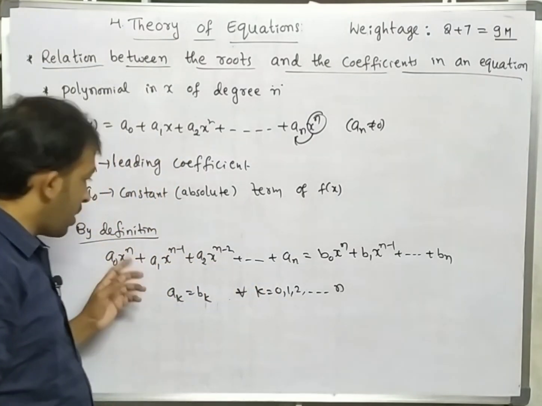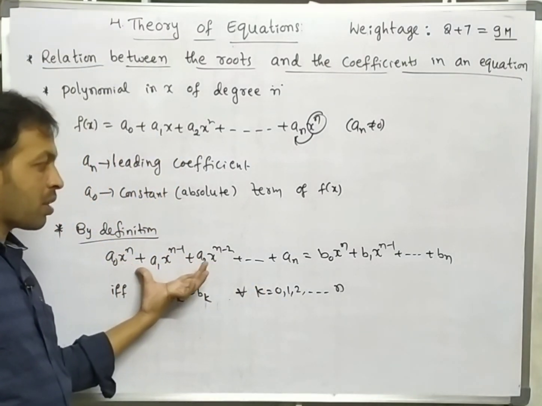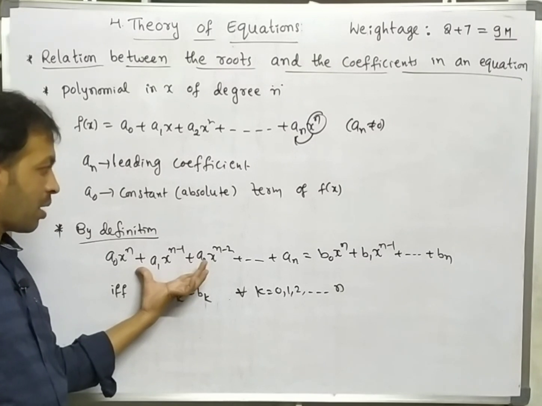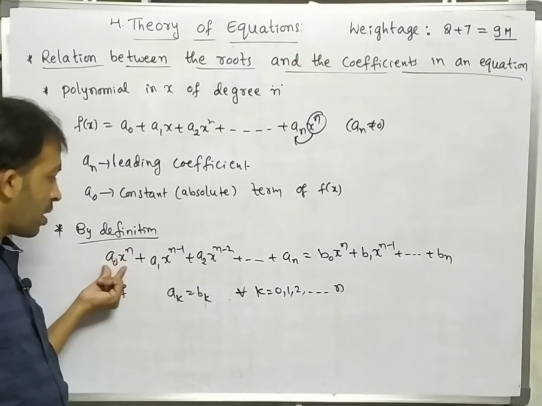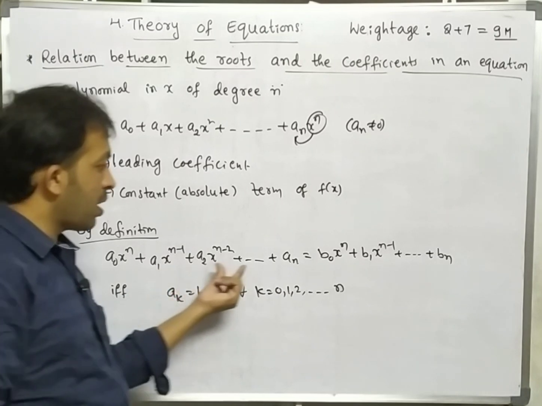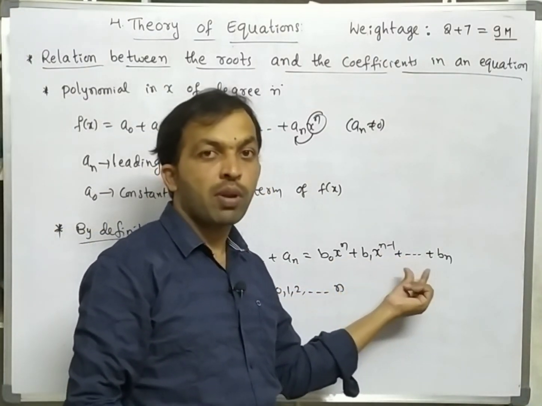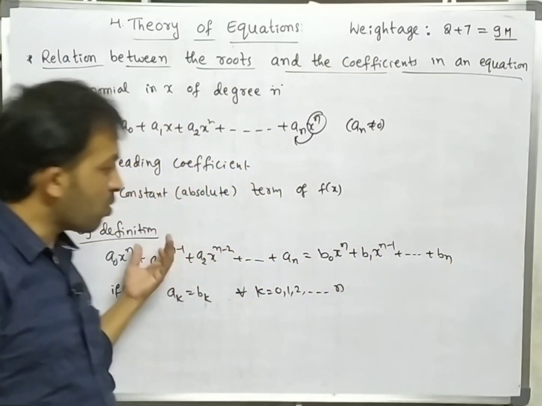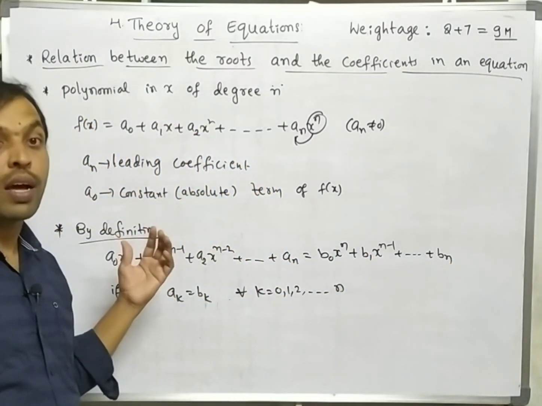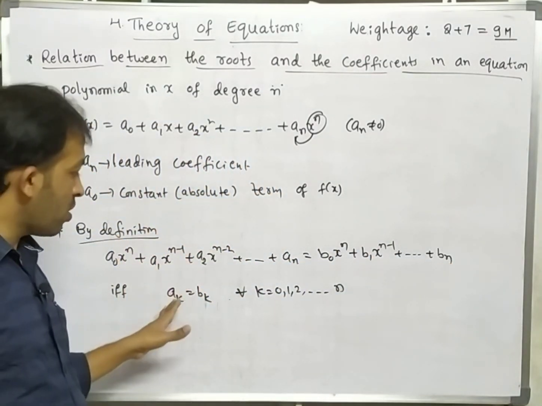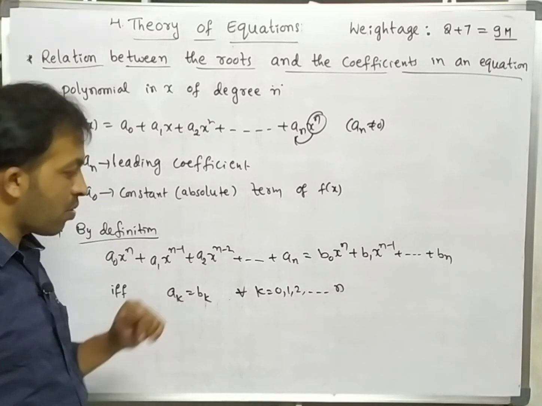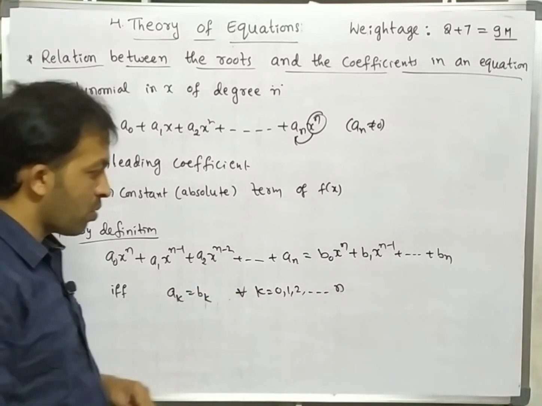Next, by definition, if two polynomials of the same degree, a0 xⁿ + a1 xⁿ⁻¹ + ... + an, are equal to b0 xⁿ + b1 xⁿ⁻¹ + ... + bn, then the corresponding coefficients are also equal. That means ak = bk for all k = 0, 1, 2, ... n.